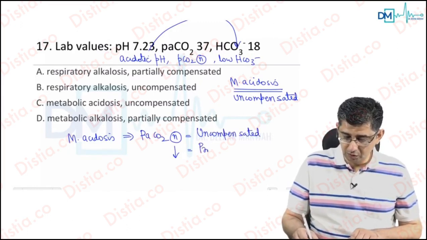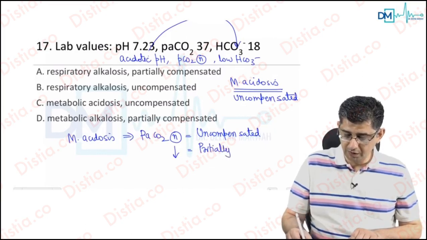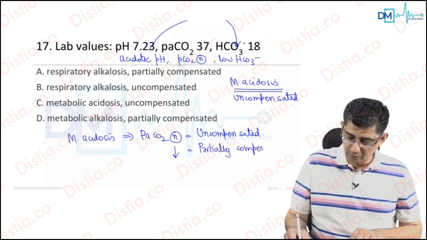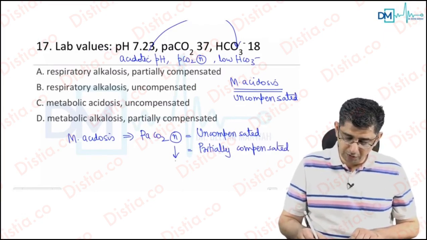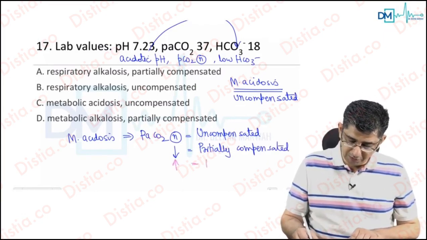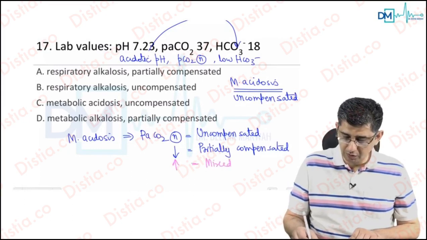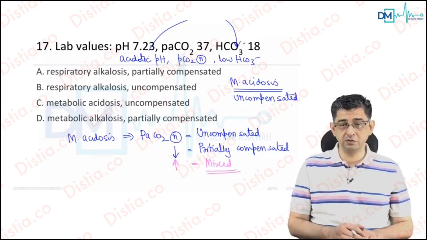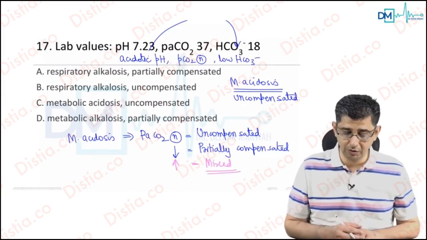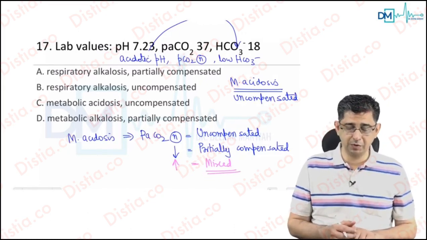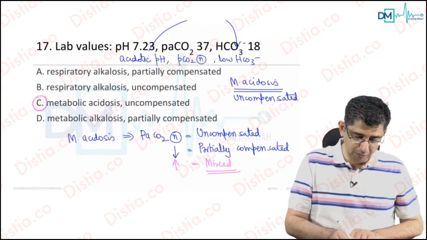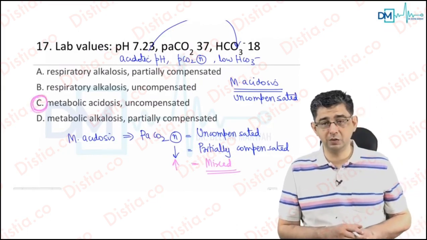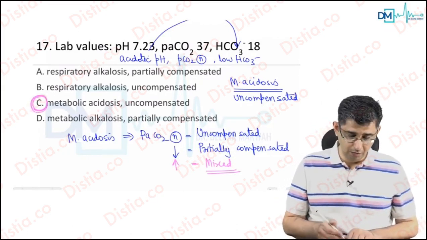If it is lesser, then you are going to call it partially compensated metabolic acidosis in a patient. Suppose you get a question in which carbon dioxide is elevated, then it is definitely not a compensated disorder. It's a mixed disorder which will be having a combination of metabolic acidosis and respiratory acidosis in a patient. The answer to this question will be given as choice C, metabolic acidosis uncompensated.